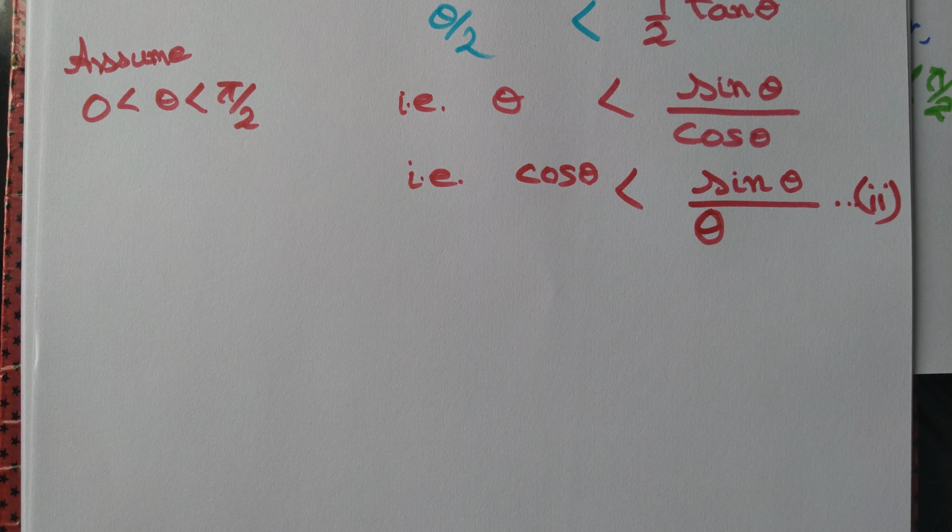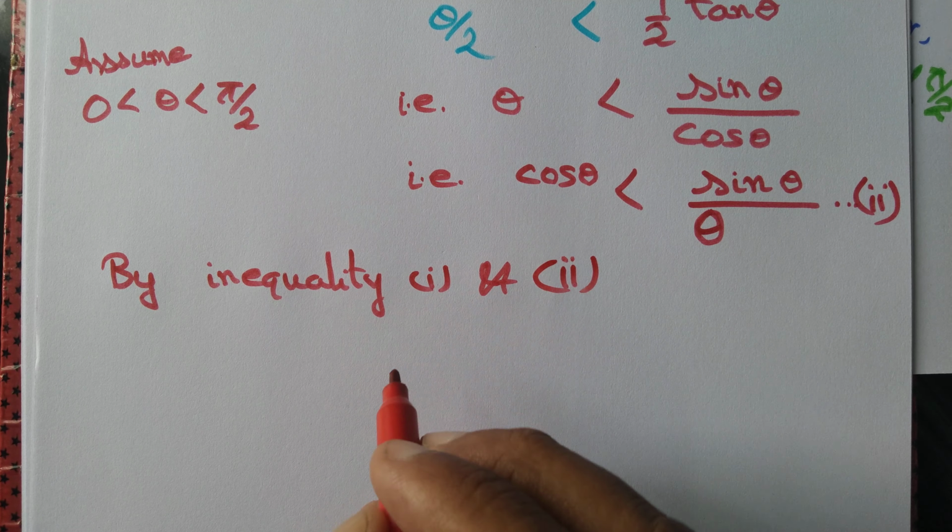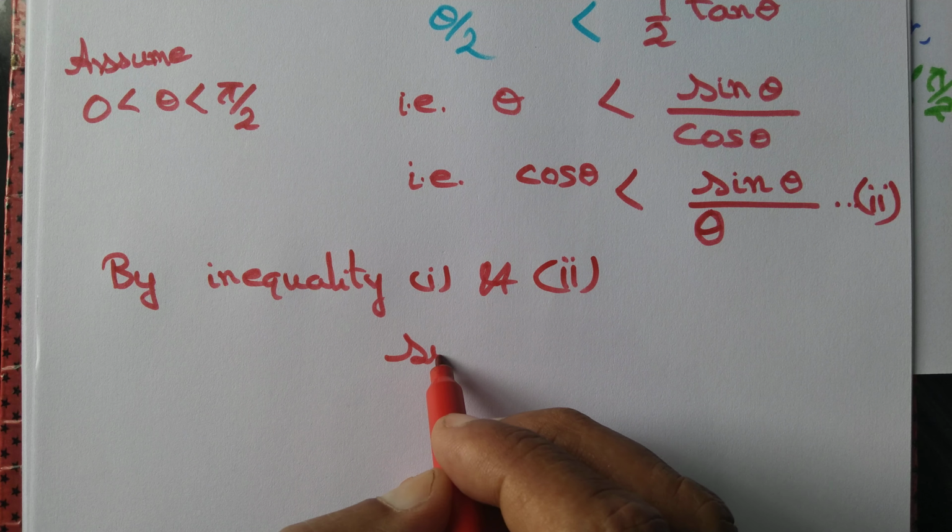By inequality 1 and 2. By 2 we are saying sin theta by theta is greater than cos theta, and by 1 we are saying sin theta by theta is less than 1 by cos theta.